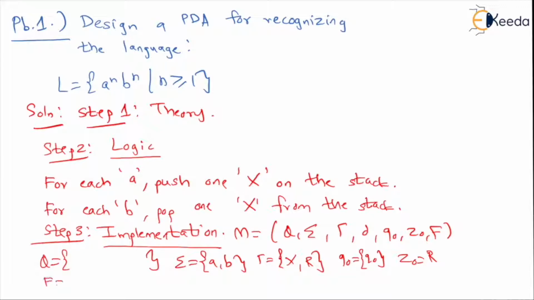And finally my final state is always going to be qf. So my friends, over here my q0 is always going to be fixed, z0 is always going to be fixed, and my f is always going to be fixed. The remaining three things are going to change. Now let's go on to the transition function implementation.